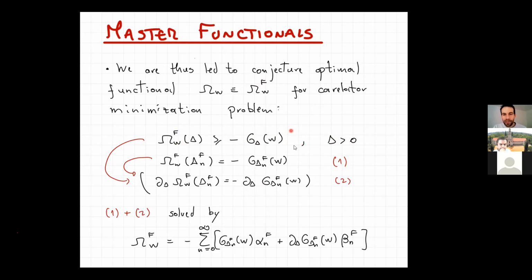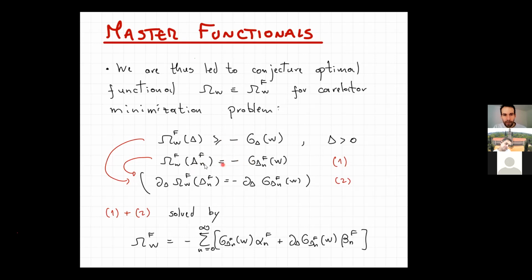But now, if the generalized free fermion saturates our bound, it means that these constraints, these inequalities, have to be saturated whenever delta corresponds to a scaling dimension inside the GFF solution. So when delta is equal to delta n F, the dimension in the GFF spectrum, then this inequality is saturated.